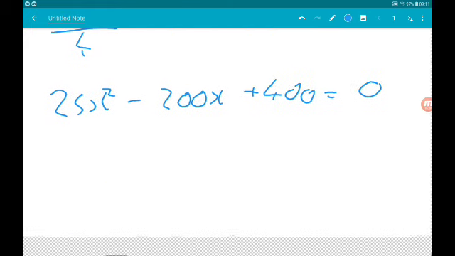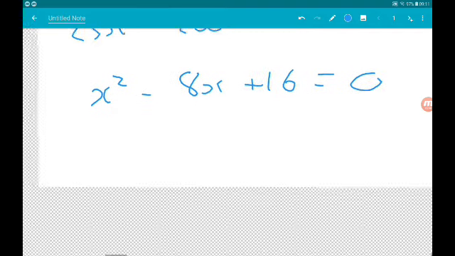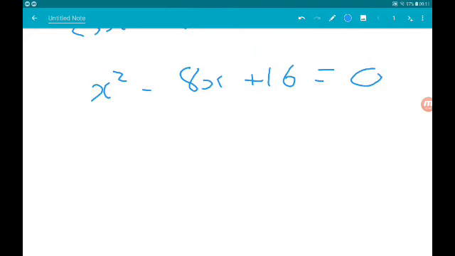The common factor is 25, so divide that away and we get x² - 8x + 16 = 0. Now this factorizes to (x - 4)² = 0.